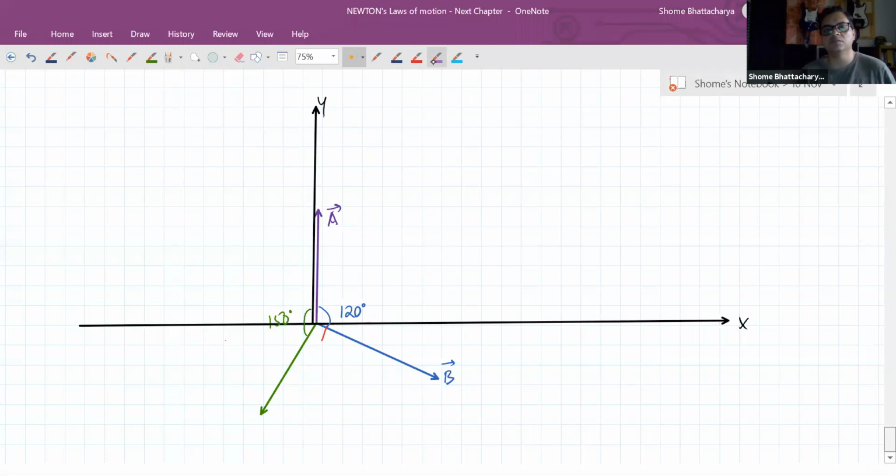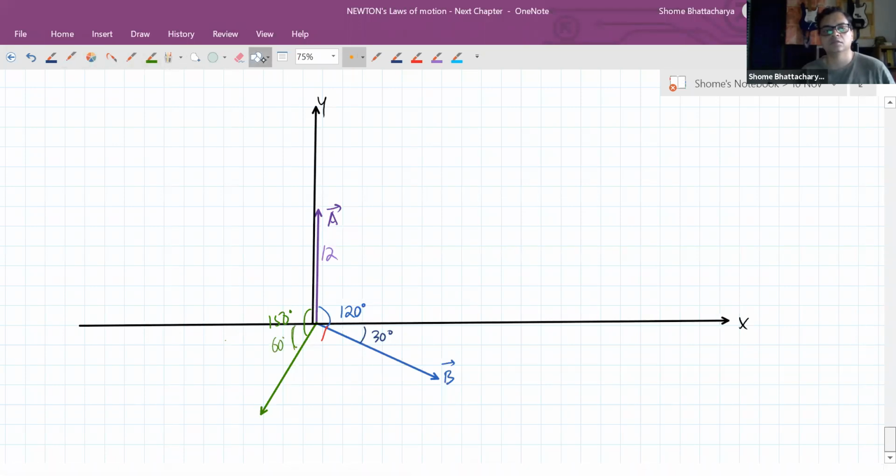And A was given to us in magnitude to be 12 units. Now from these angles which are given, we can see that this angle is 120 minus 90, so it is 30 degrees. And this angle on the other side is 150 minus 30, so it is 60 degrees.